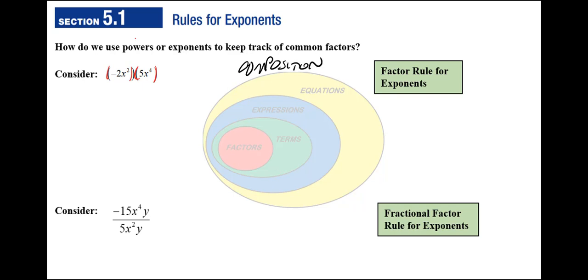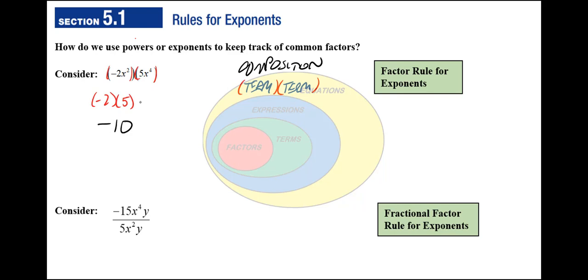when we have a single term times a single term, we can just look at the individual factors in any order. So when we do this, we can take the constant factors, -2 and 5, multiply those together. We would get a -10 factor.